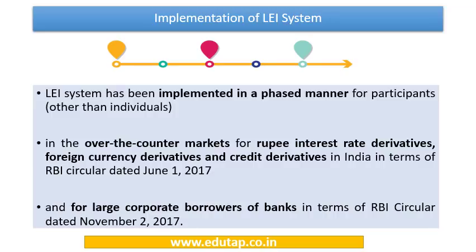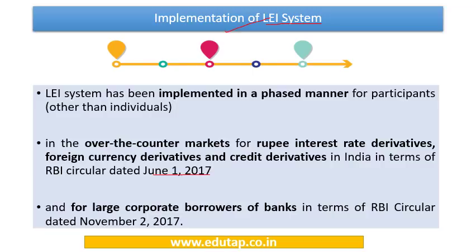Now, the implementation of this LEI system has not been a radical reform measure, rather it's been a gradual or phased reform measure. This system has been implemented in a phased manner for participants other than individuals. Firstly, in the over-the-counter markets for rupee interest rate derivatives, foreign currency derivatives and credit derivatives, and this was in effect from the RBI circular dated June 1st, 2017.